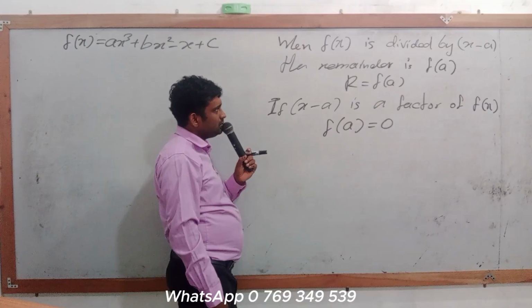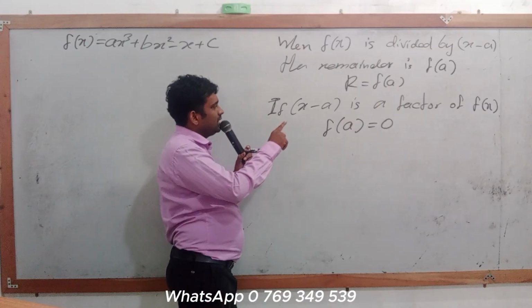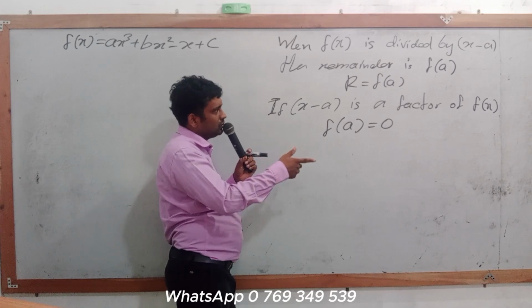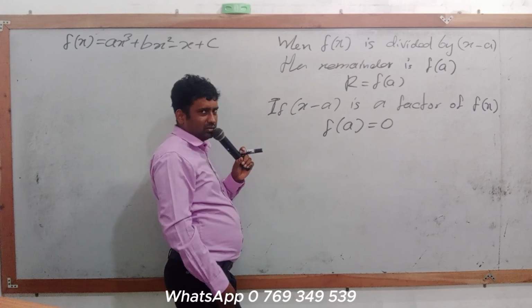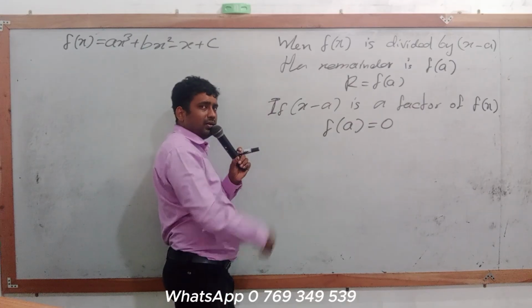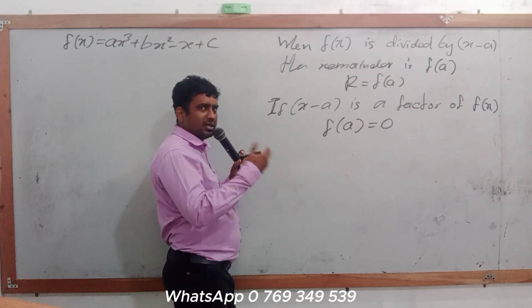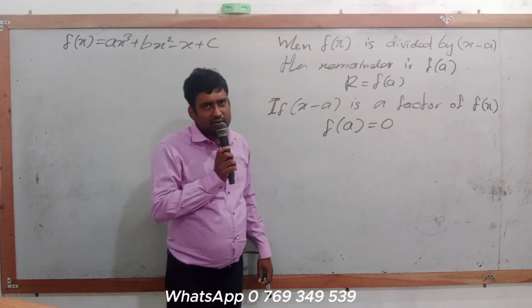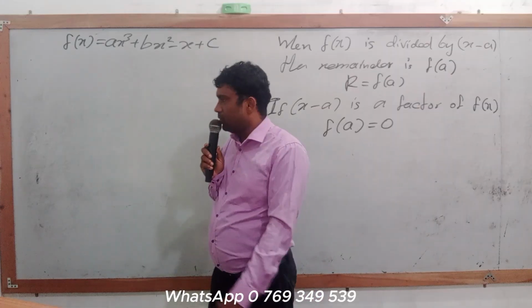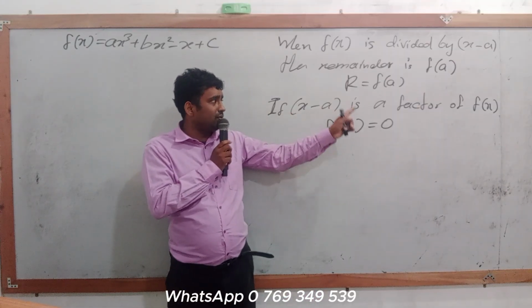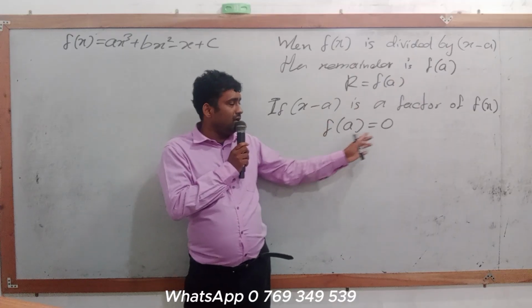If x minus a is a factor of f(x), then f(a) equals 0, that is, R is 0. The factor theorem is a subset of the remainder theorem.